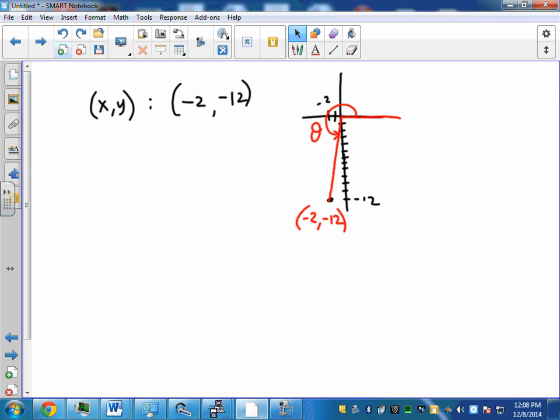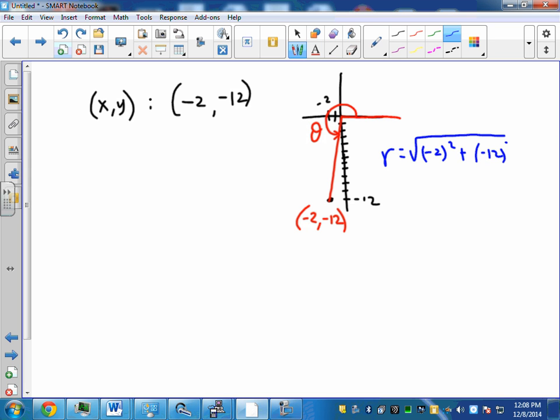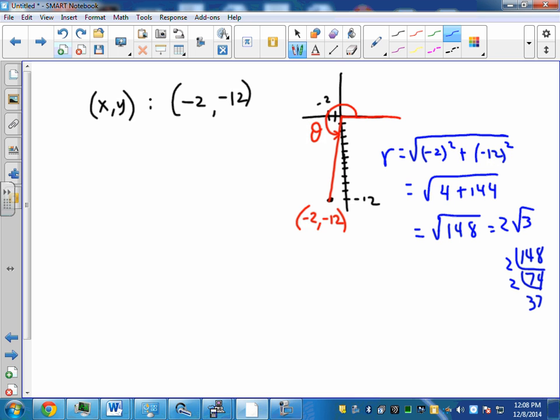Because we know we're going to be dealing with r, it makes sense early on to go ahead and calculate r as the square root of -2 squared plus -12 squared, which is the square root of 4 plus 144, which is the square root of 148. Let's check whether or not that reduces. 148 is 4 times 37, so sure enough, you could write this as 2 square roots of 37 to make it a little bit prettier. We have x, we have y, and we have r.